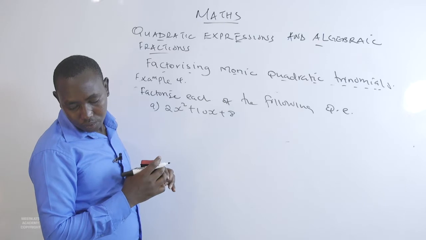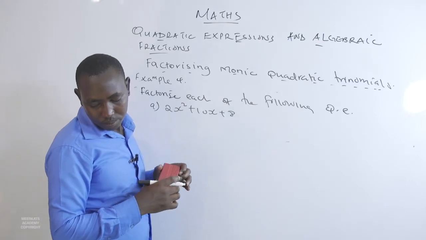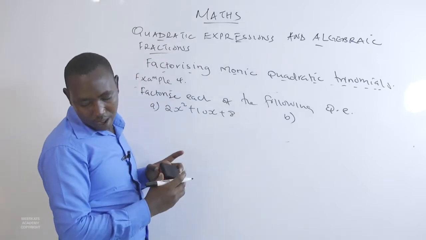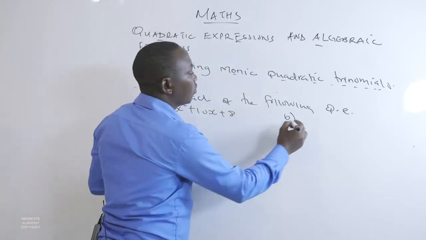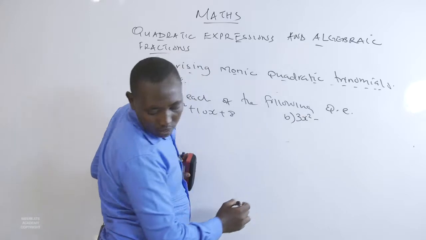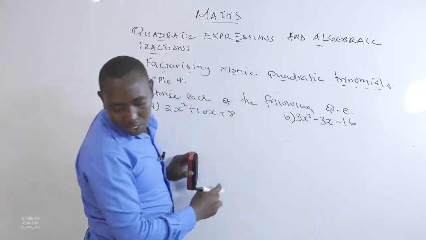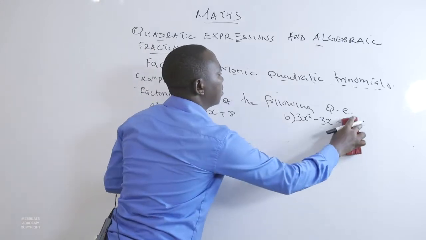Then number 2, we have 3x squared subtract 3x subtract 36.